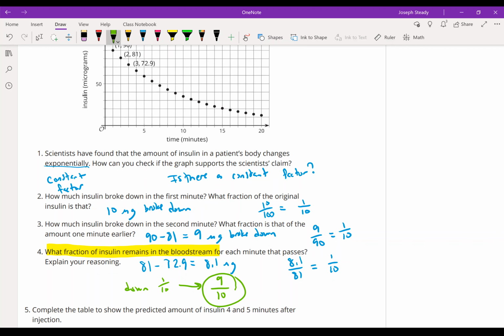So that does seem to indicate that in this case, at least with the points we've checked so far, this is changing exponentially with a decay factor of 9/10. Or we're losing 1/10 of the insulin each minute, so 9/10 are remaining each minute.